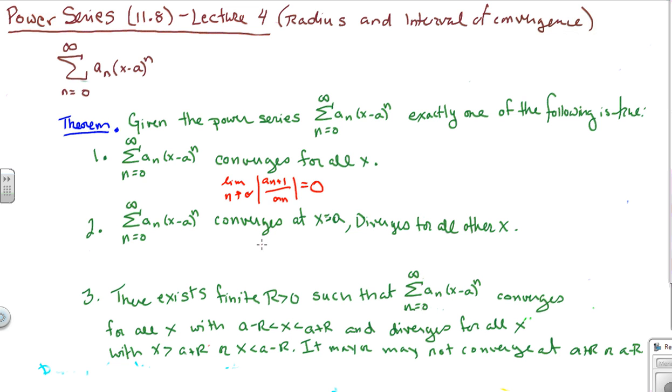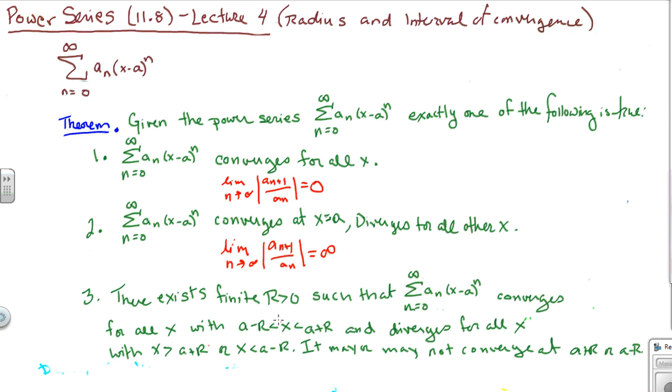Or it's always going to converge at x equals a because everything else but the first term zeroes out, but it diverges for all other x. And that's going to happen when the limit as n goes to infinity of a_(n+1) over a_n is equal to infinity.